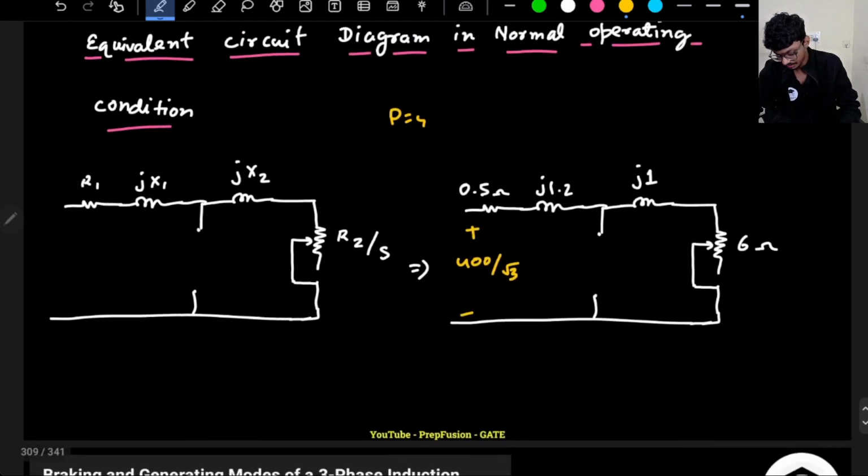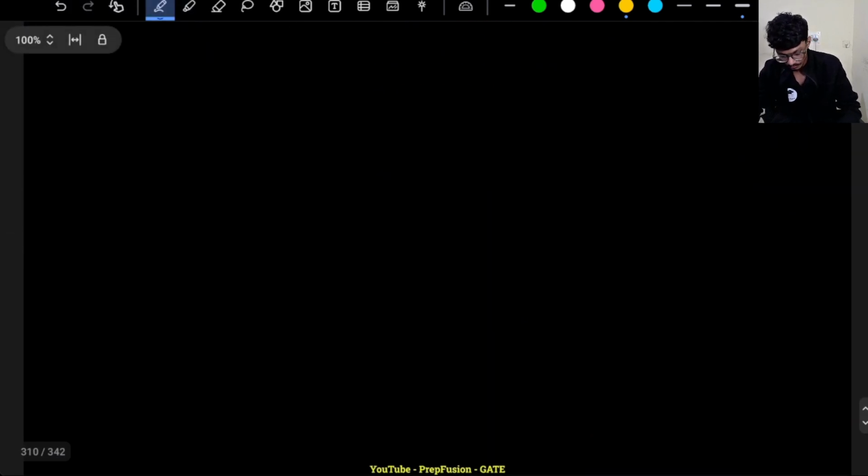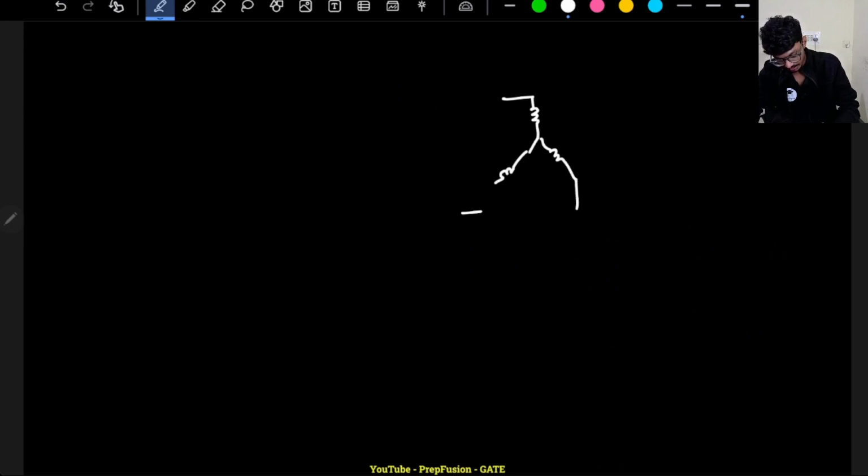So basically what they are telling me is that I change my stator supply to DC, providing a DC supply, so here some current IDC is incoming and here some current IDC is outgoing. So I'm providing it a DC supply, plus minus VDC.